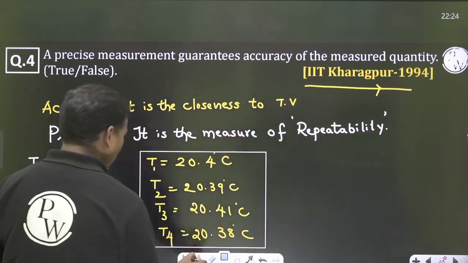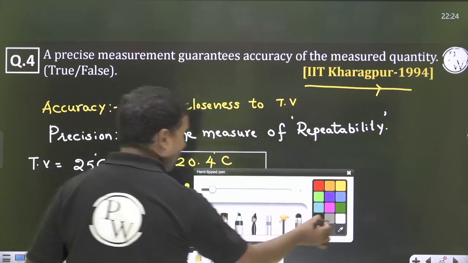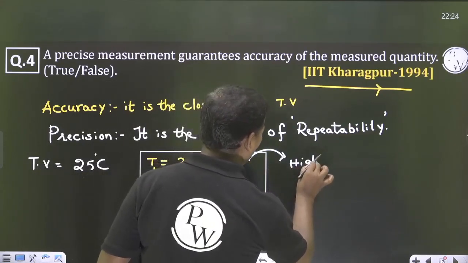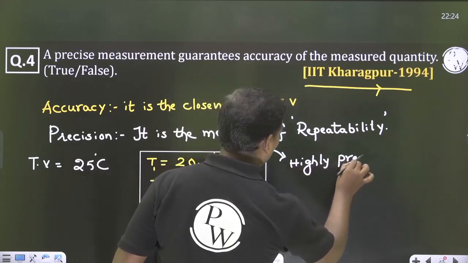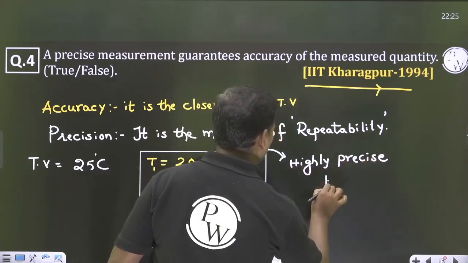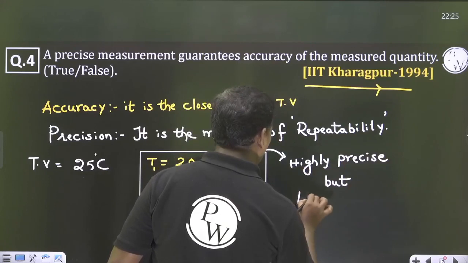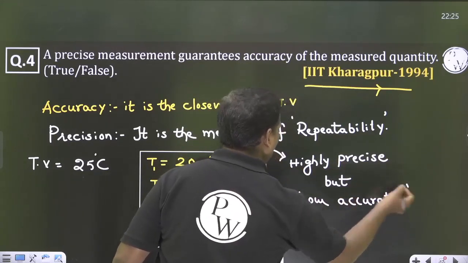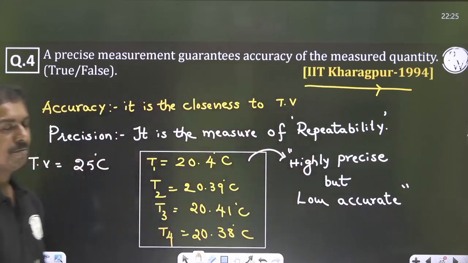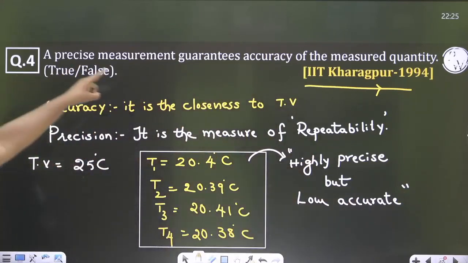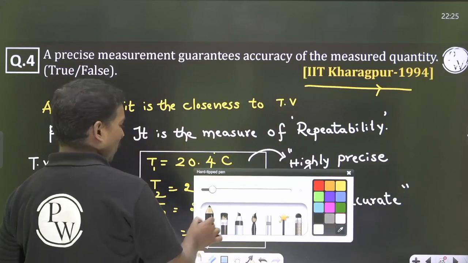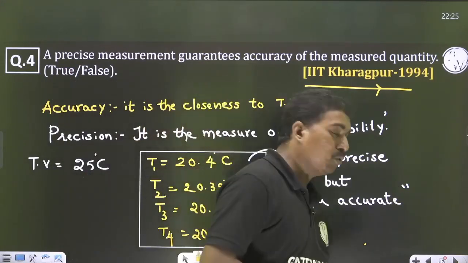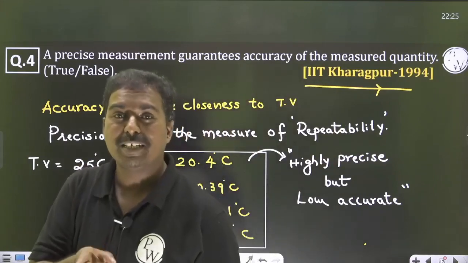These are highly precise, but are they accurate? Highly precise, but not accurate. So highly precise does not mean high accuracy. A precise measurement cannot guarantee accuracy. Precise means the ability to repeat the same value, but the same value does not mean the true value.